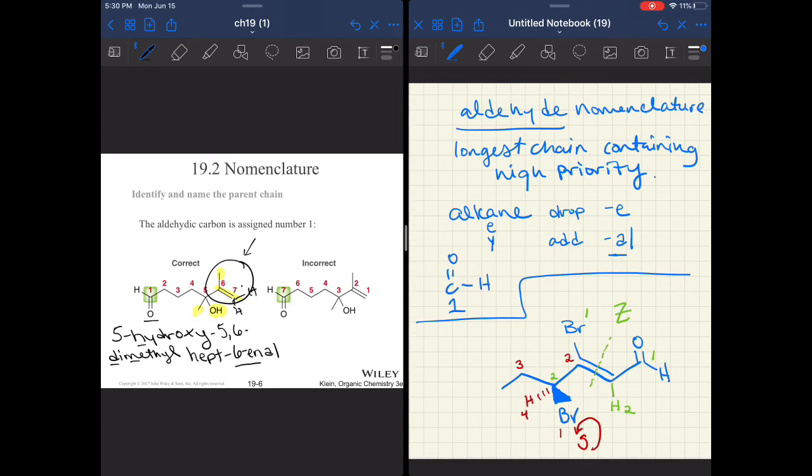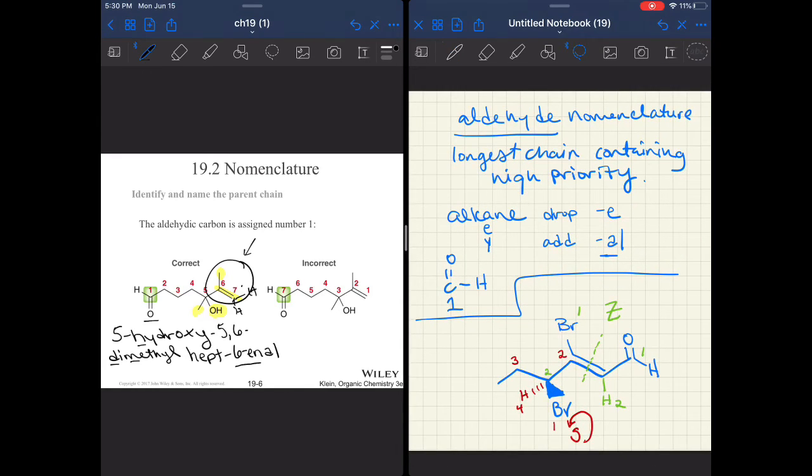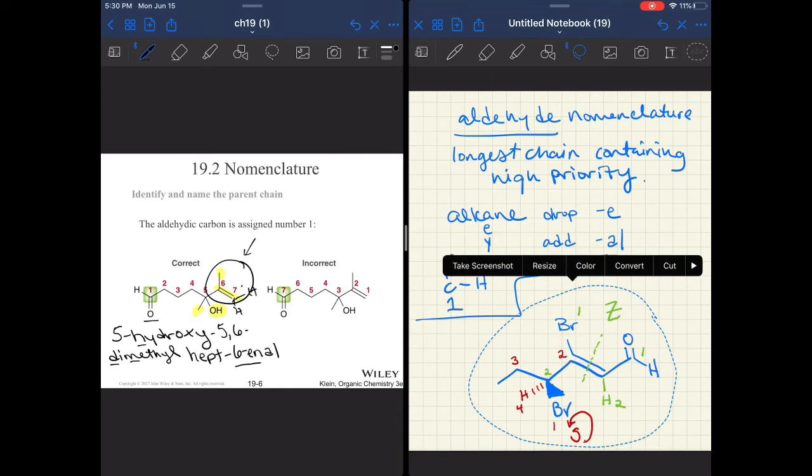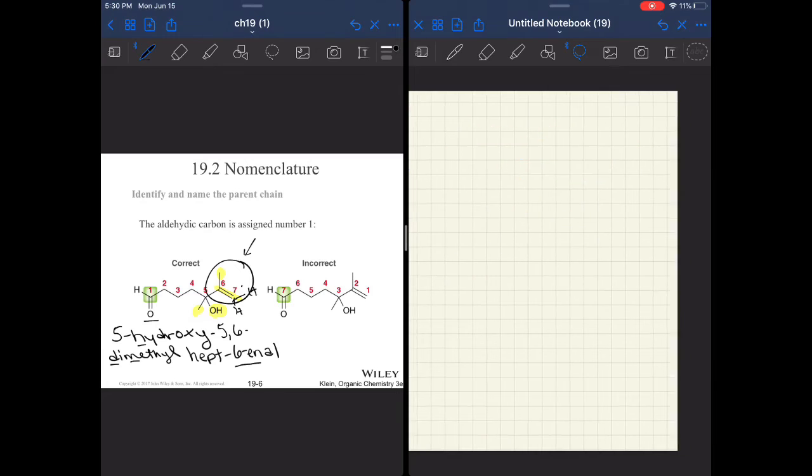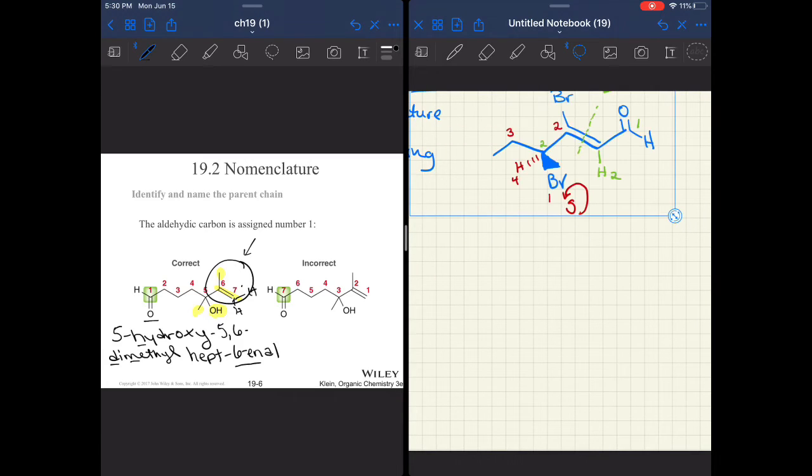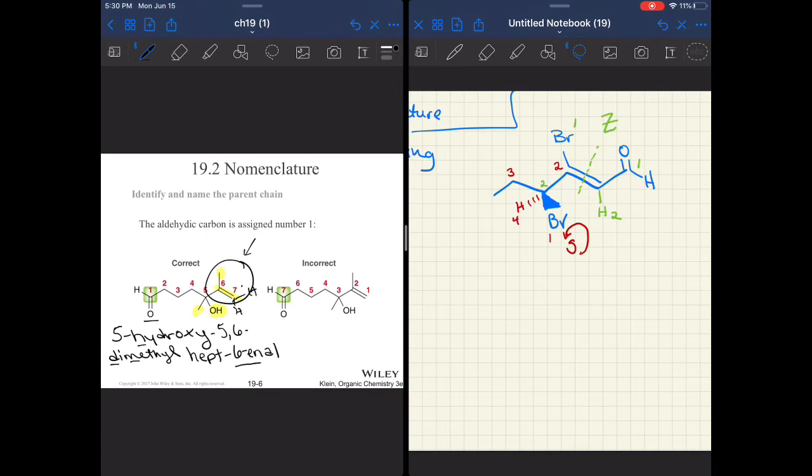So let's go ahead and name this guy. I'm going to go ahead and copy this and take it with me to somewhere where I have some room. Paste. There we go. Let's name this kid. All right. So I have 2 bromines. So those are my only substituents. And they are on carbon 1, 2, 3, and so 3 and 4.